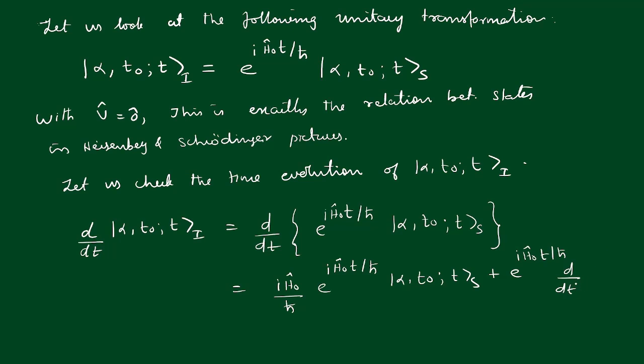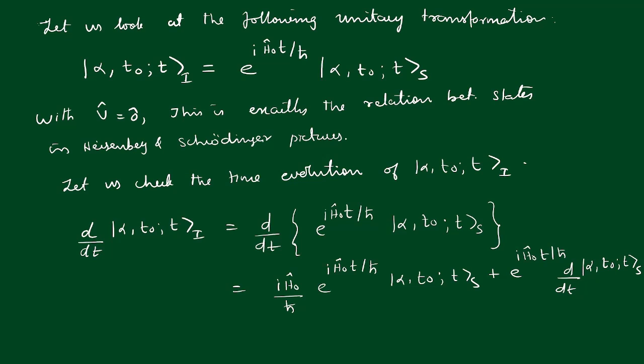Maybe I should have written it as a partial derivative, but I think there's only t here, and t0 we assume is fixed. So this is d by dt of alpha t0 t in the Schrodinger picture.